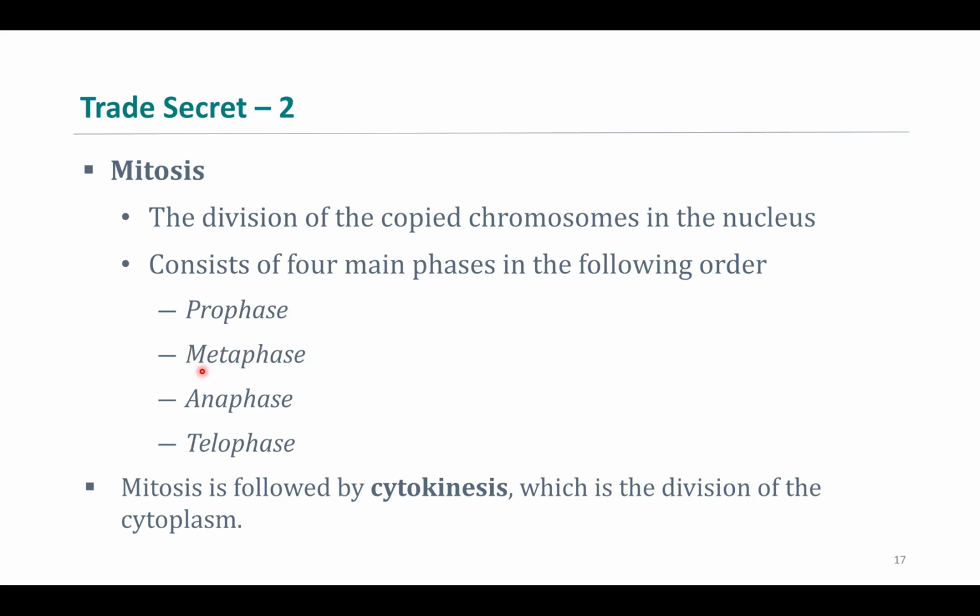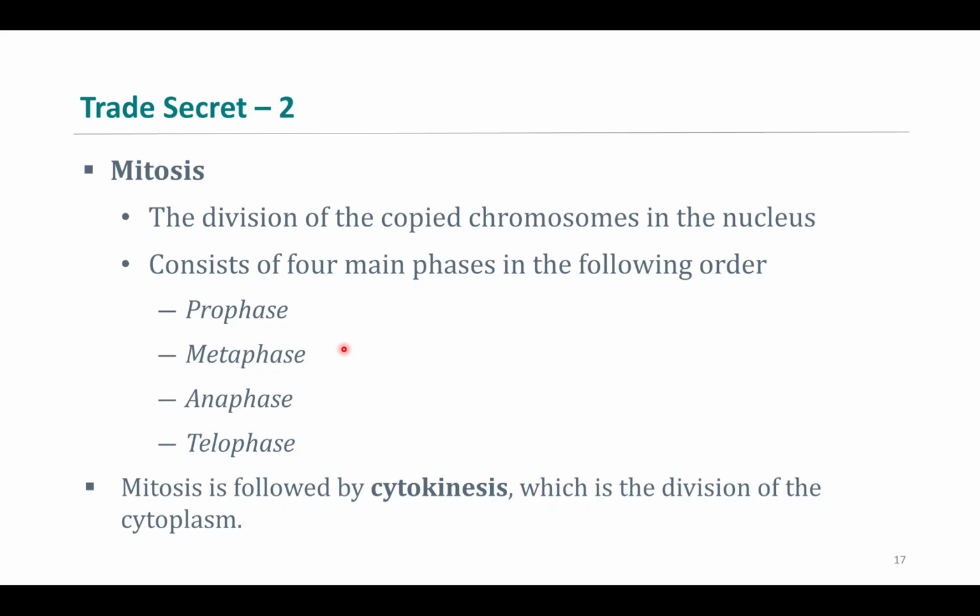During the metaphase, these condensed chromosomes align on the midline, in the middle of the cell. In the metaphase, all the chromosomes that align in the middle of the cell are attached to the spindle.